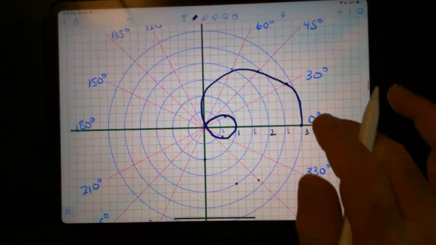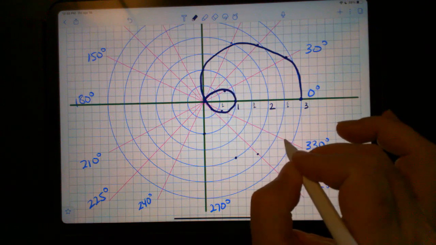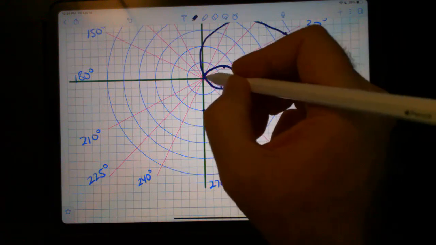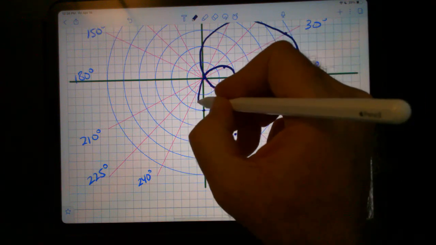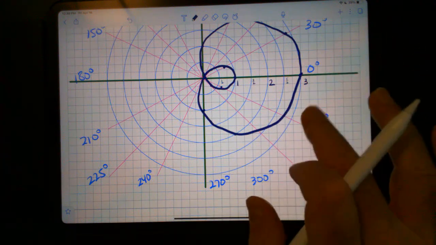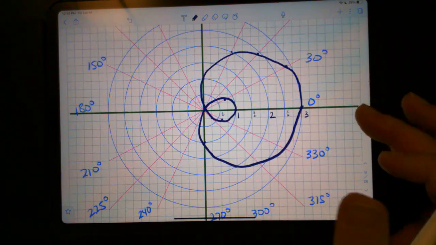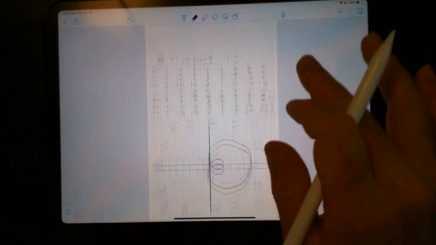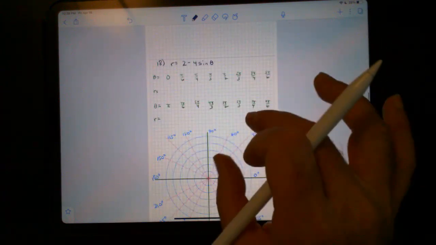Then pi over 6 is 2.73. And then back to the horizontal axis. Something like that. Okay.